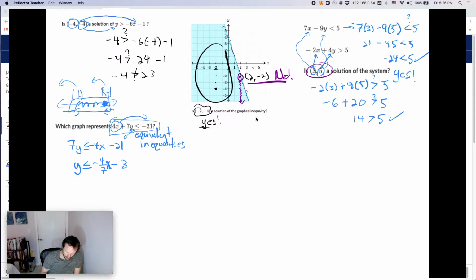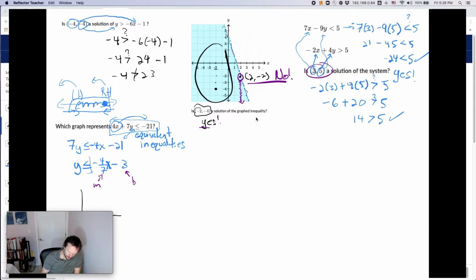And now we want to make a graph of this. We have a slope of negative 4/7, a y-intercept of negative 3, and we can graph it. Negative 3, let's put it about here, negative 1, 2, 3. Should I have done a solid dot at negative 3?